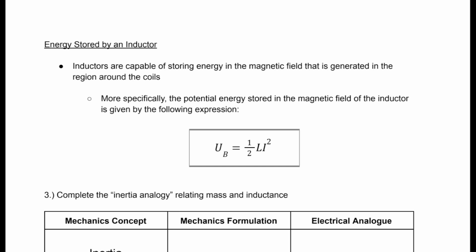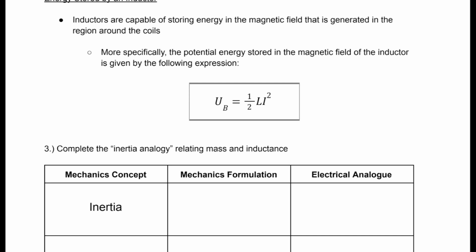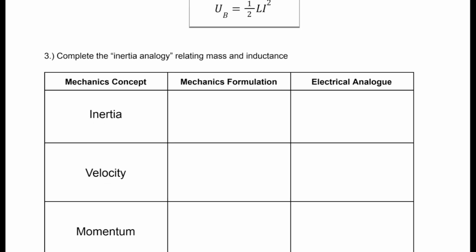So inductance also kind of tells us how much energy can be stored for a given current. So we're going to complete this total analogy between inertia and inductance. First we have the mechanics concept of inertia, and we're going to look at the formulation, or concept.